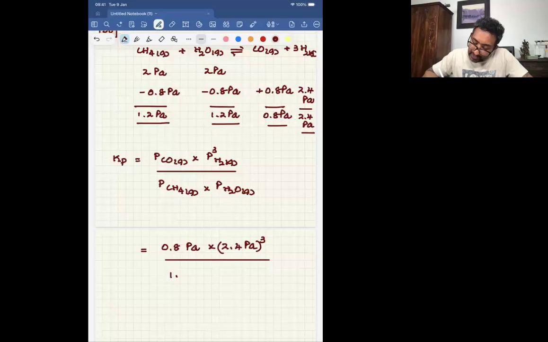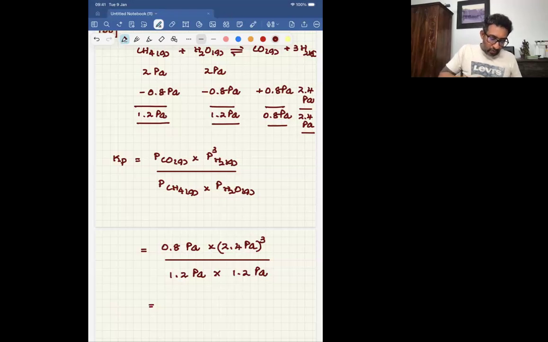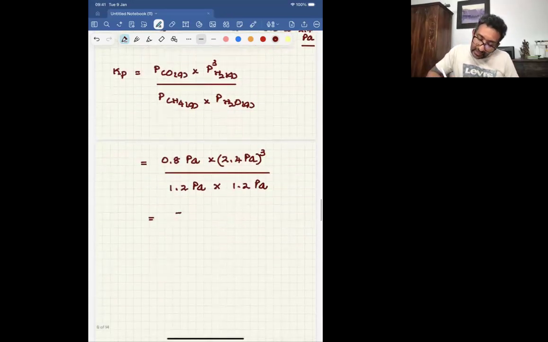Methane, 1.2 pascals. Water, 1.2 pascals. So what is the value? 2.4 to the power 3 multiplied by 0.8, divided by 1.2 times 1.2. 7.68, yes. 7.68 pascal squared.